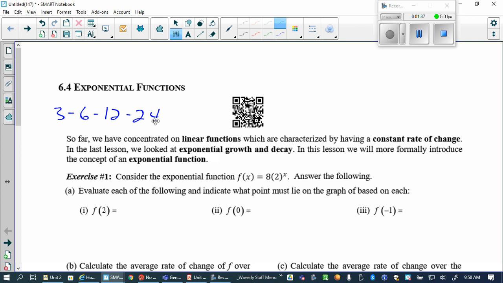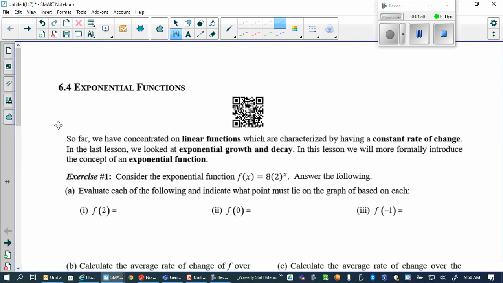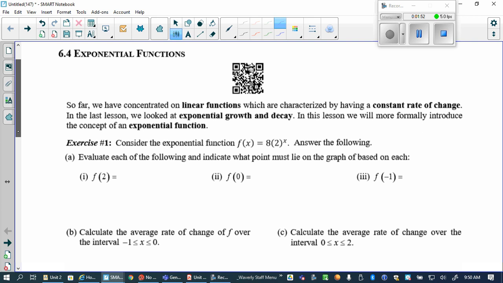Is that a constant rate of change? No, the rate of change is increasing as you go. So it's not linear. Okay, so exponential functions are not going to have a constant rate of change. They're either going to have an increasing rate of change or a decreasing rate of change.